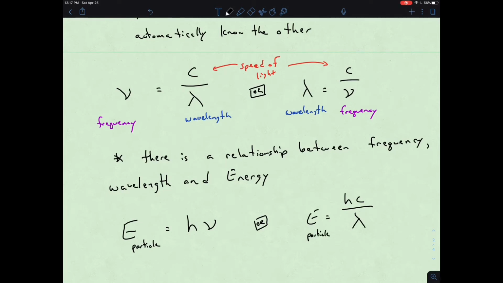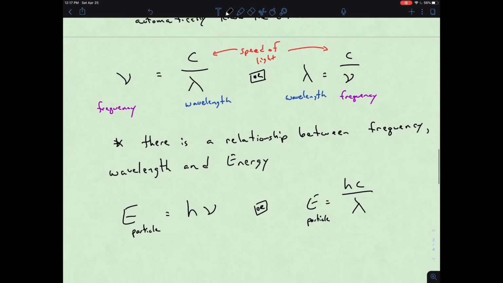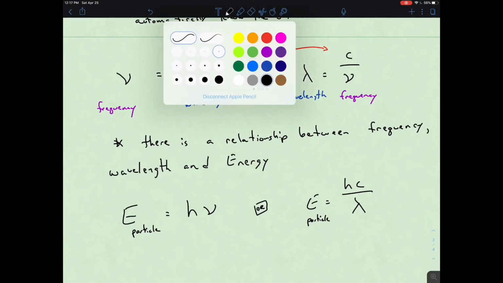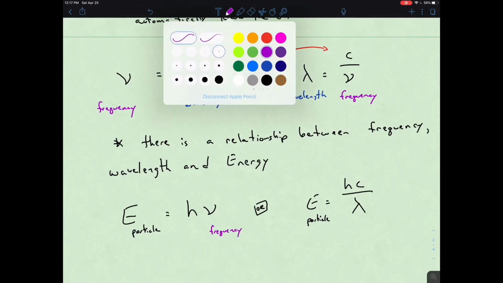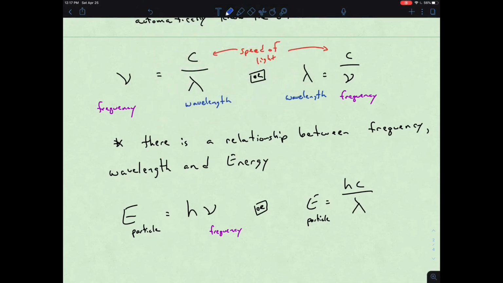Both are relating to energy of the particle, and since wavelength and frequency are inherently related to one another, it's just using the equations that we have above in terms of relating the two. So, here is our energy of the particle with relation to frequency. And then here is our equation with regards to wavelength. We have c, which we've already talked about, which is the speed of light.